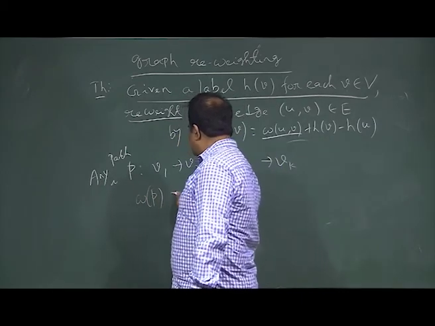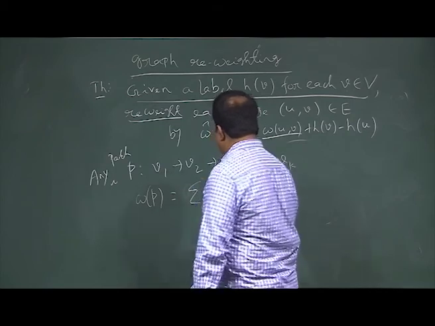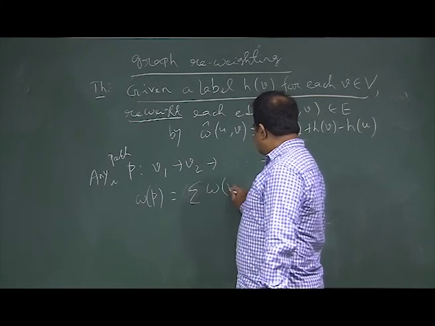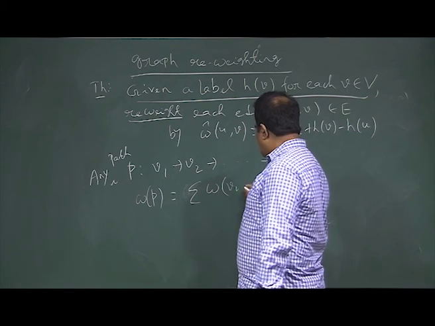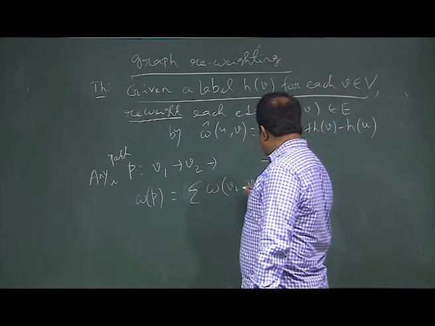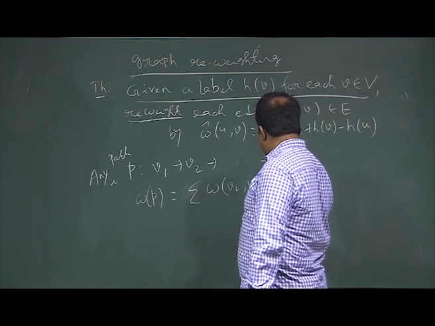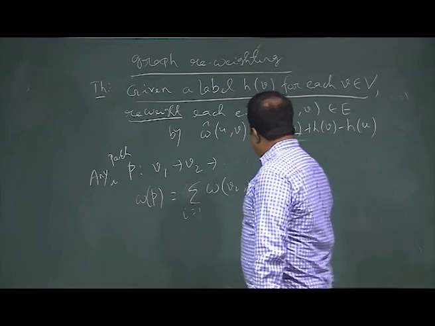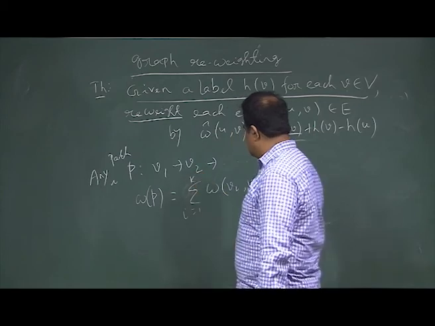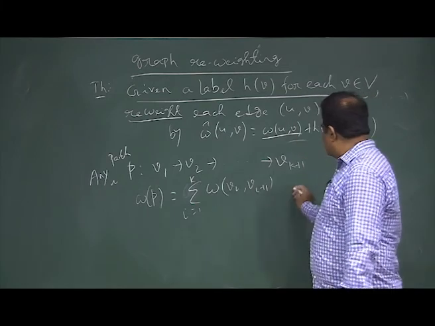The weight of this path is basically the summation of w of v_i to v_(i+1), with i going from 1 to k minus 1. Okay, so this is the original weight of the path.